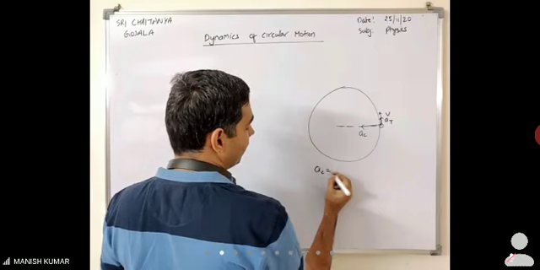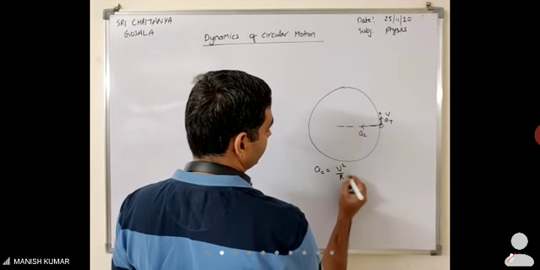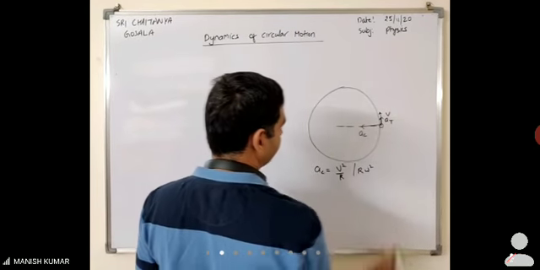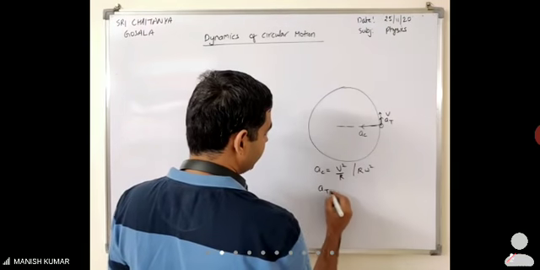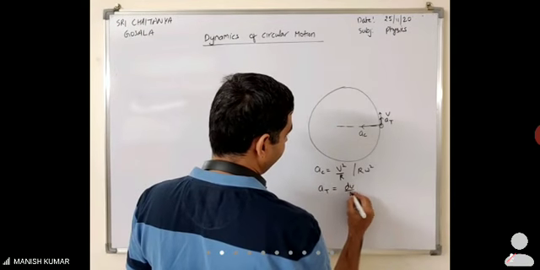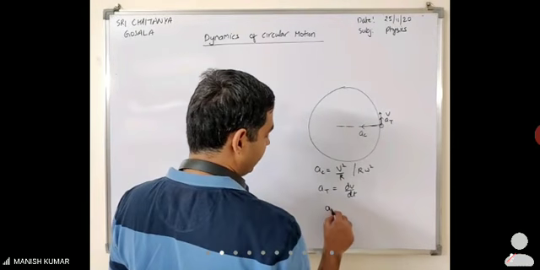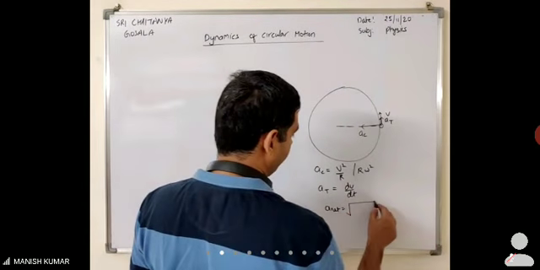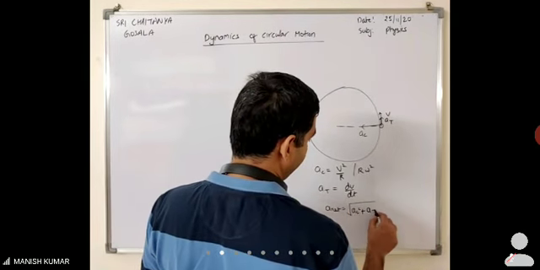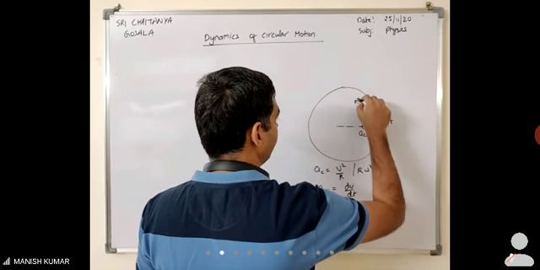The centripetal acceleration formula we derived is v square upon r or r omega square. The tangential acceleration is dv upon dt, that is the rate of change of speed. The net acceleration is root of ac square plus at square. Do you remember all this?